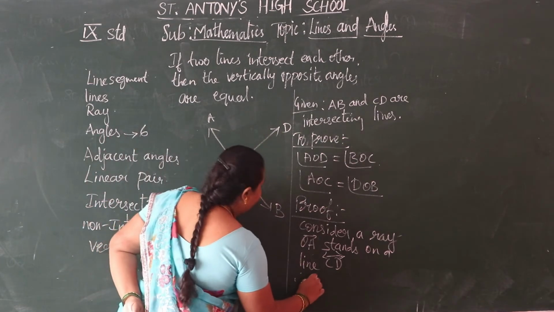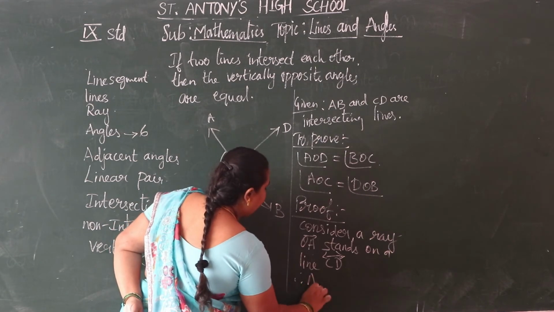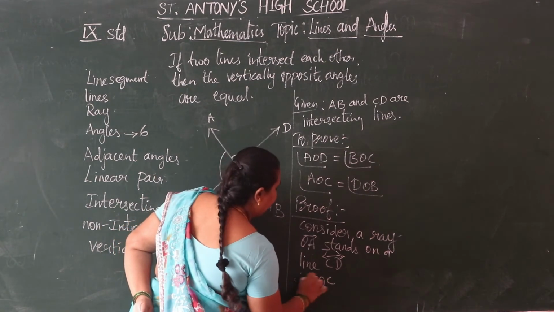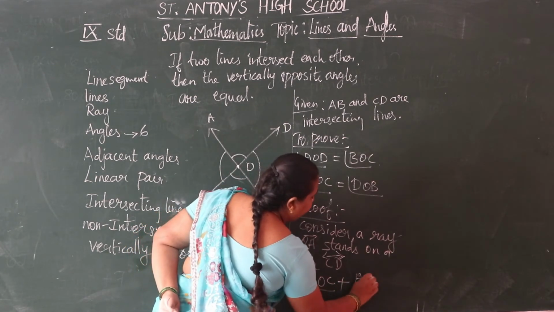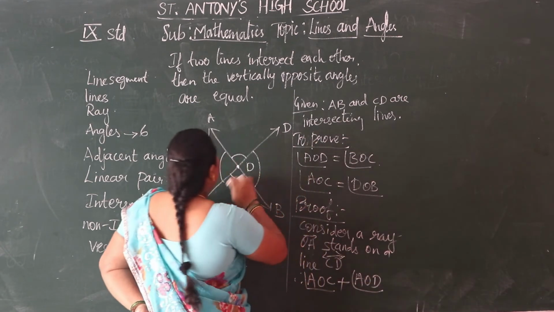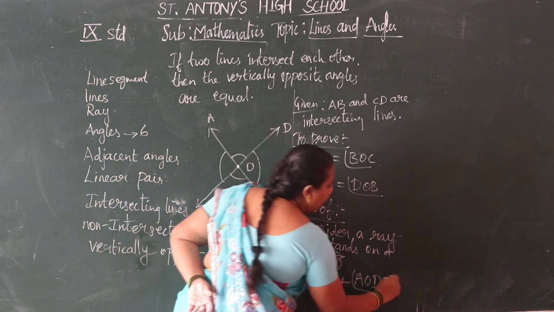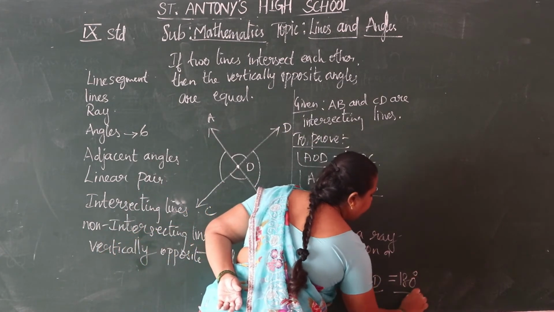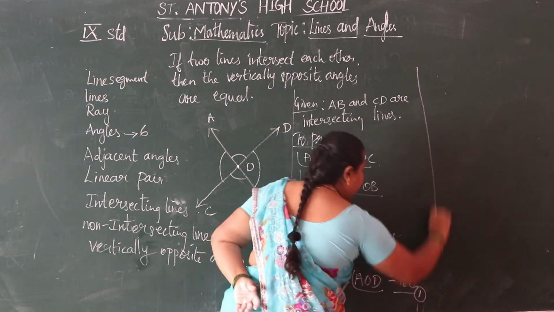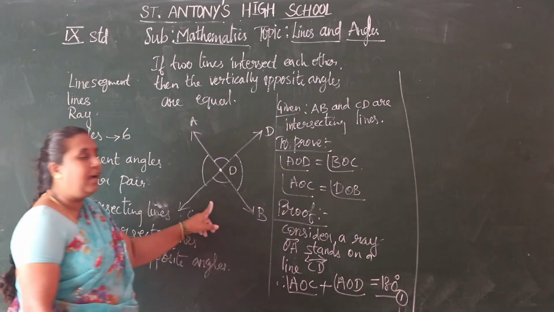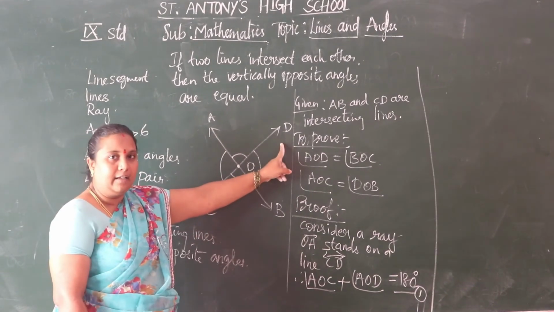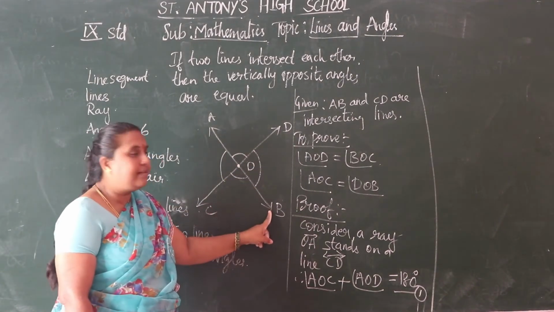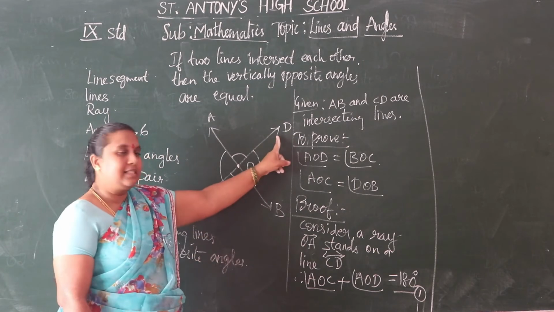Therefore, angle AOC plus angle AOD equals 180 degrees. This is equation number 1. In the same way, we can take another ray: OB is a ray standing on line CD.